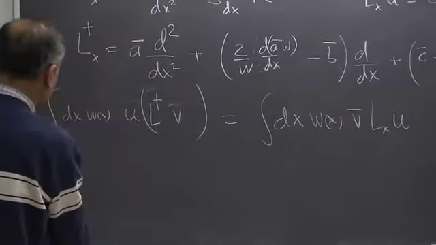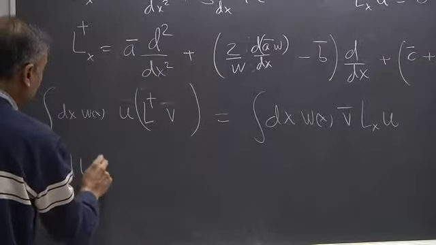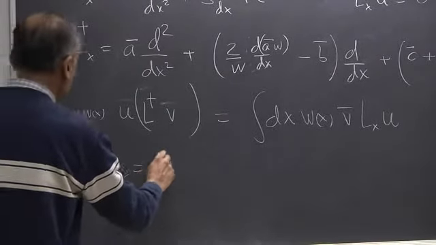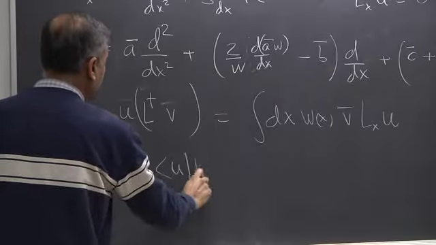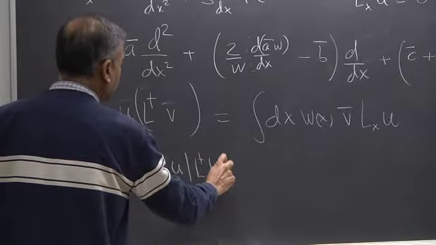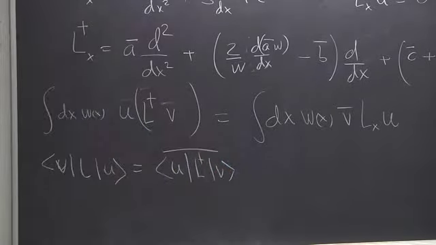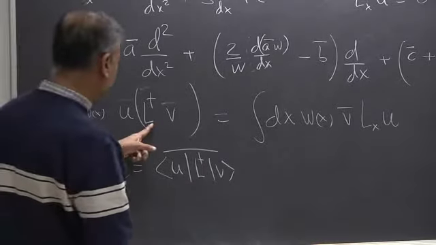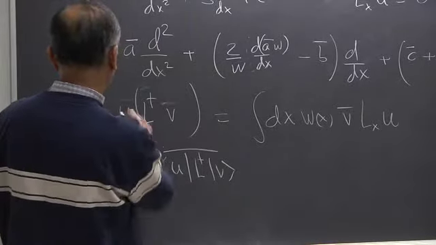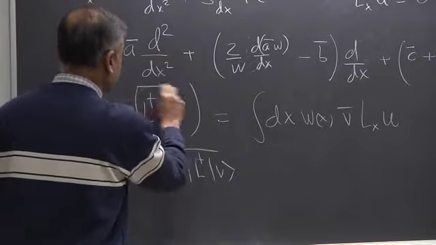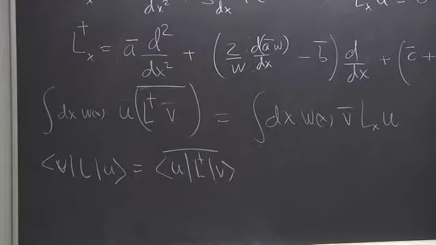This is the same as what we are saying, v L u, and that should be equal, by definition, to u, L dagger v complex conjugate, right? So this is u bar, and I take the complex conjugate of that, right?